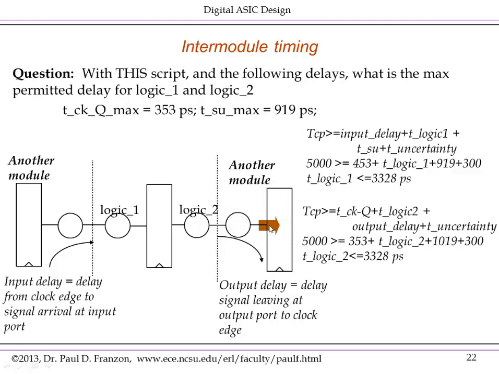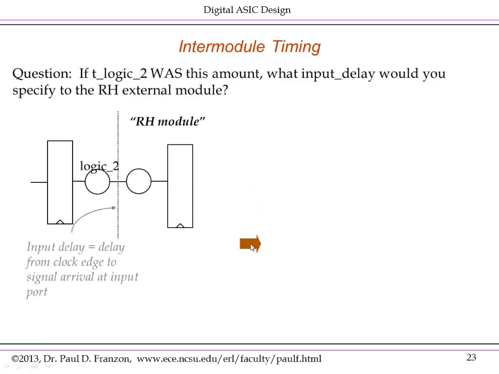I've got to tell that person how long it's going to take from when the clock goes high to when my data will arrive at his or her input ports. And that's what this calculation is. So again, I'm calculating the delay from when the clock goes high to when my signals arrive at my output, which is my neighbor's input.